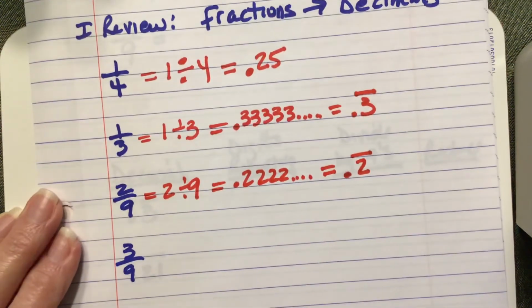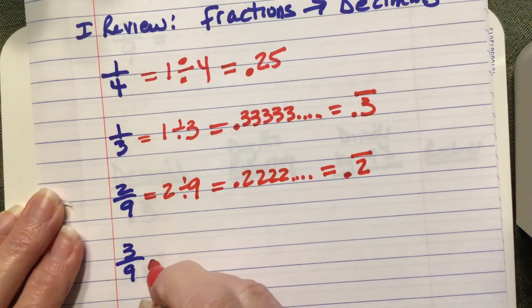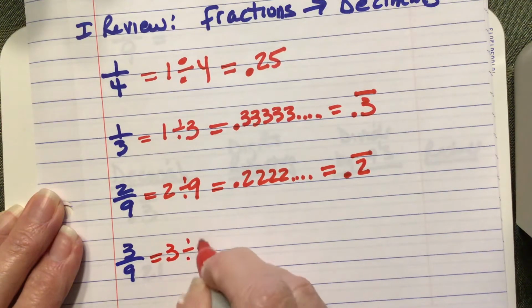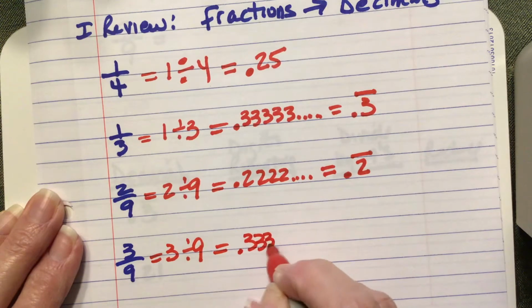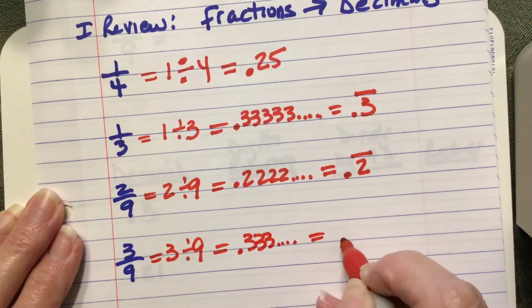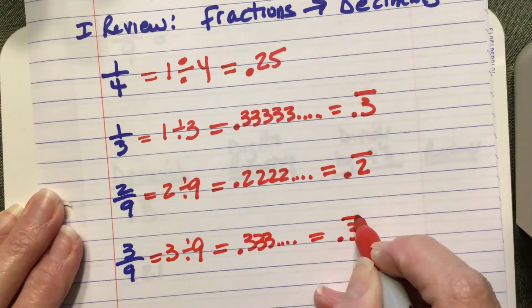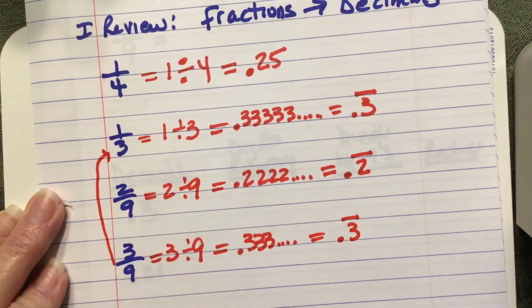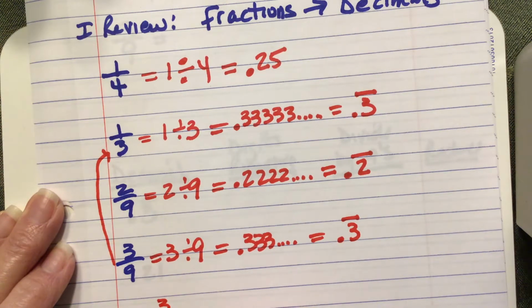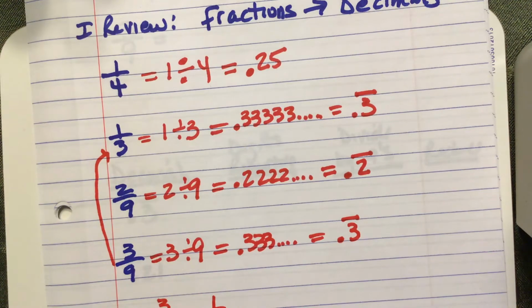Let's try one more. 3/9, this means 3 divided by 9, which is again, 3, 3, 3, repeating. So I can write it 0.3 repeating. And if you notice, 3/9 and 1/3 are the same thing, because 3/9 I can reduce to 1/3. So that's why they have the same answer.